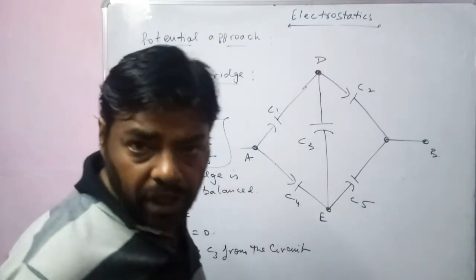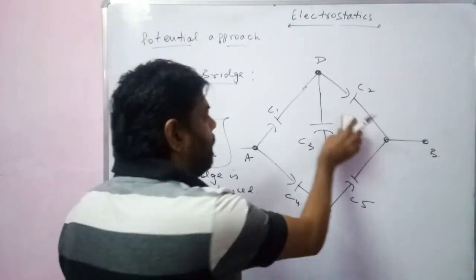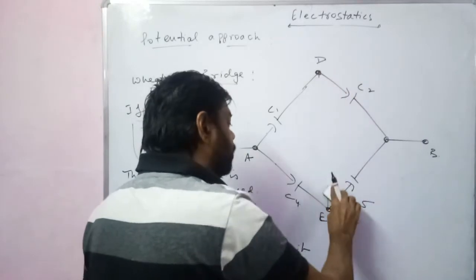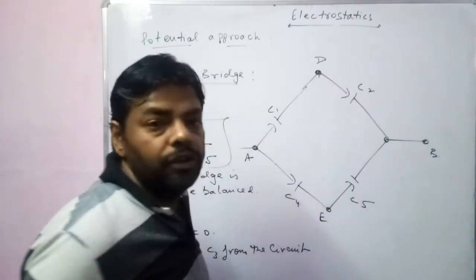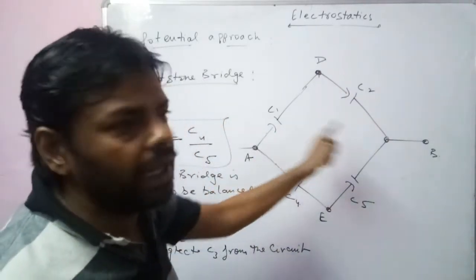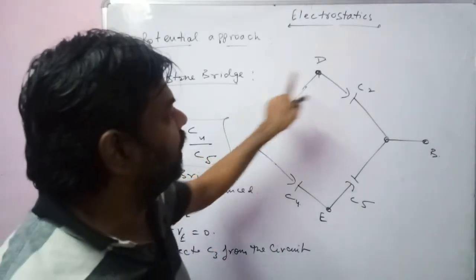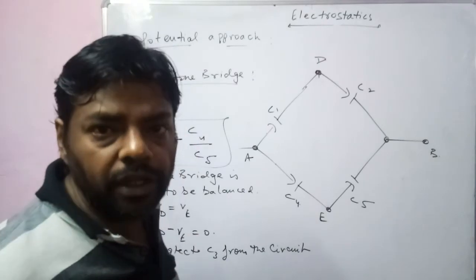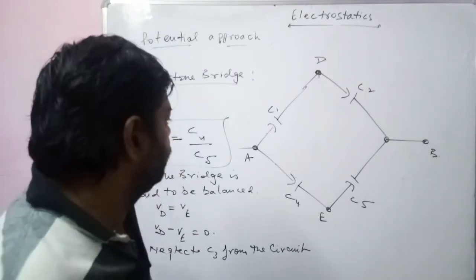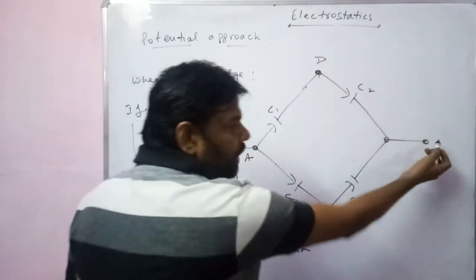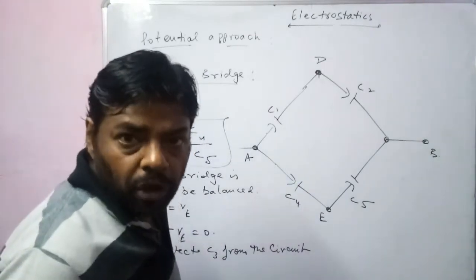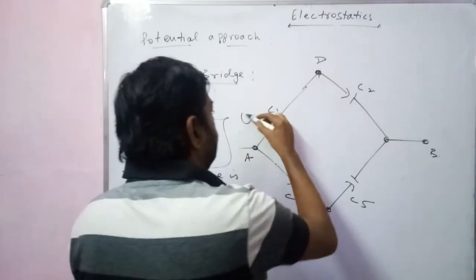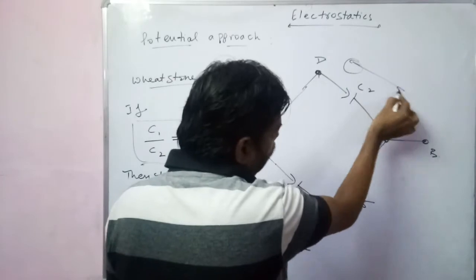Now, after neglecting C3 from the circuit, what are we left with? We are left with C1, C2, C4 and C5. Okay, now let us do the calculations. When you are moving from A to B, you have two paths.